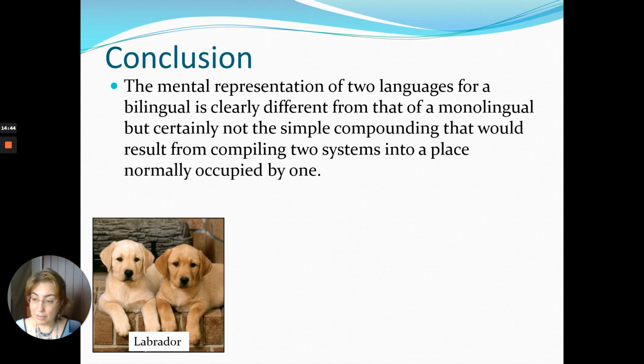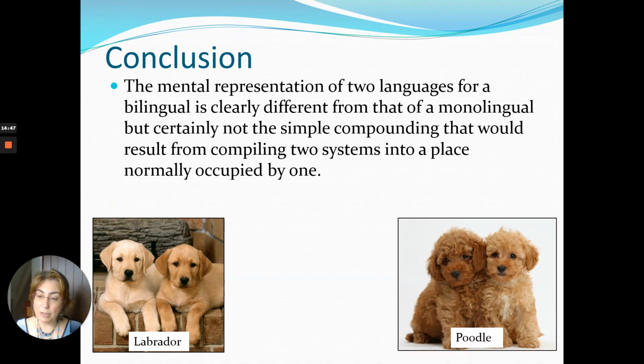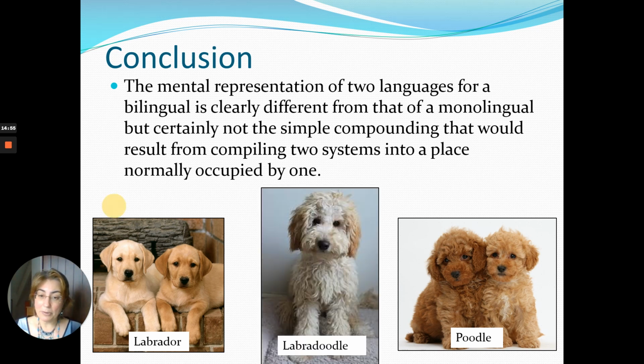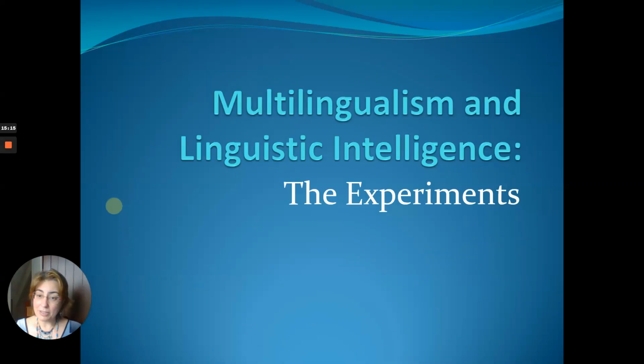So while you might have different kinds of linguistic existences in being monolingual in one language or the other, when you are bilingual, you are not the simple sum of those two systems. The two systems are activated at the same time, and you don't have a chaos. What you have is a completely different mental existence in multilinguals. Okay.